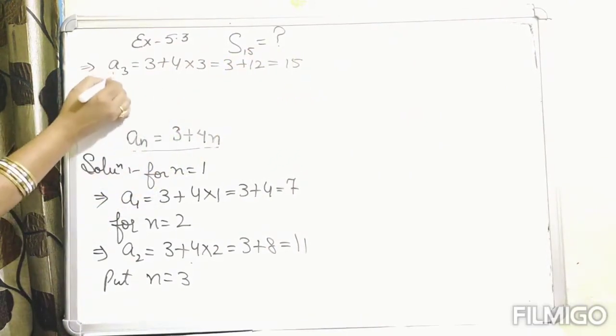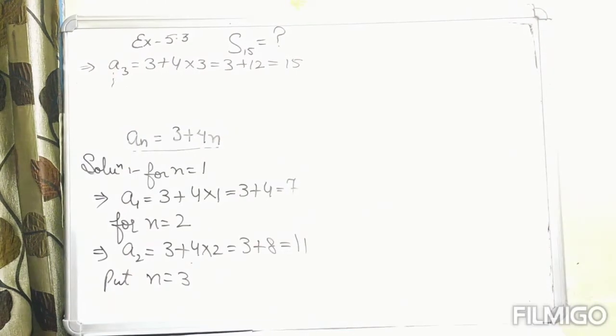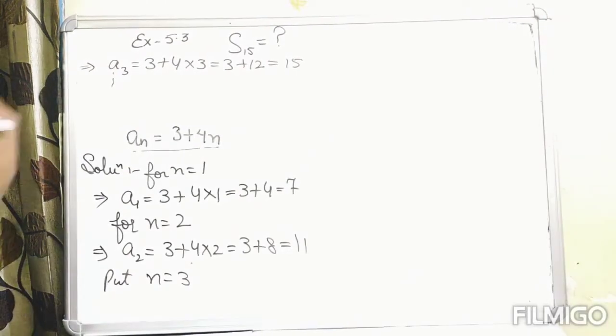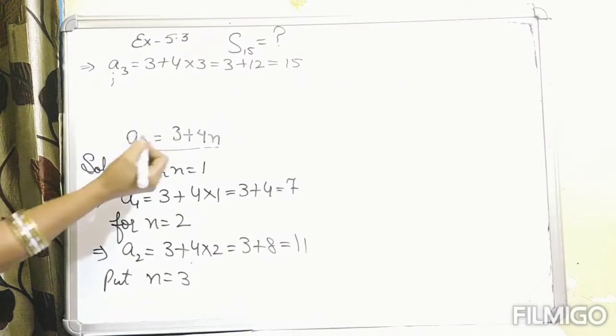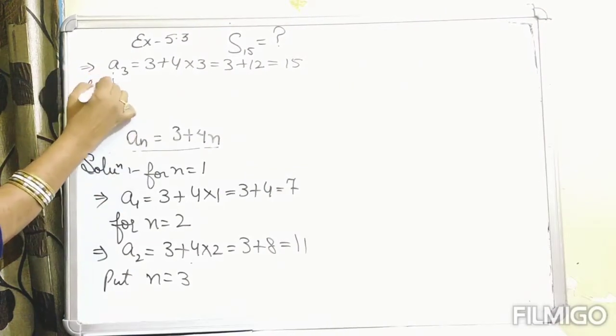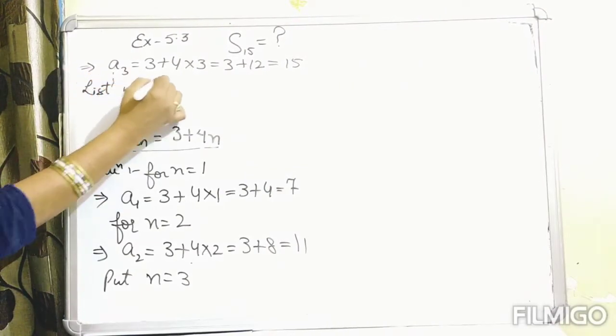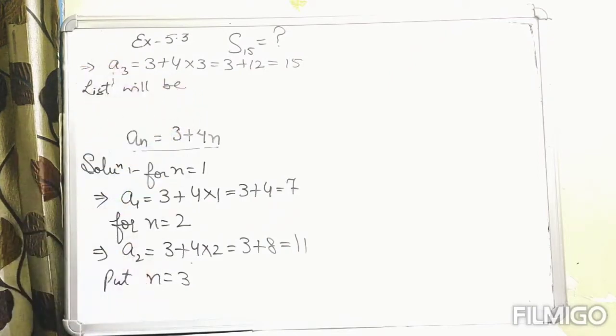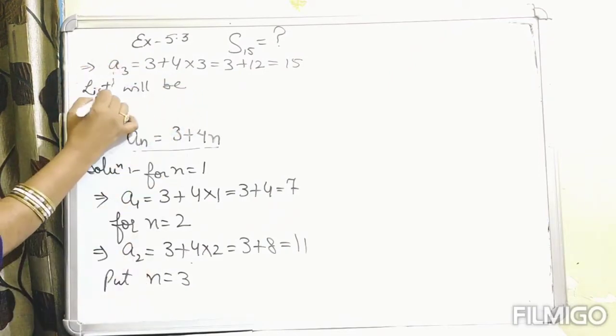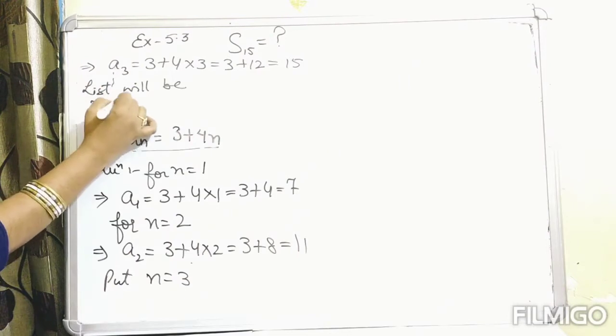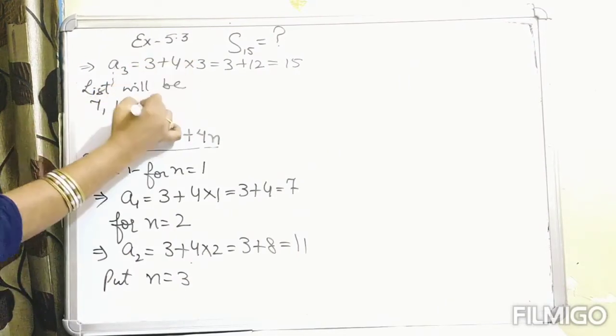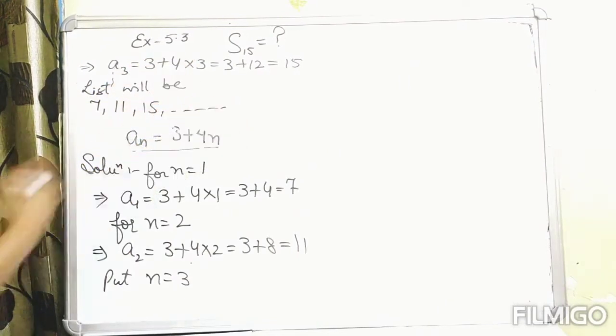So in this way we can find out the terms here, a1, a2, a3 and so on. Now let us see whether the list will be an AP or not. So the list, according to what we have found here, is 7, then 11, then 15 and so on.